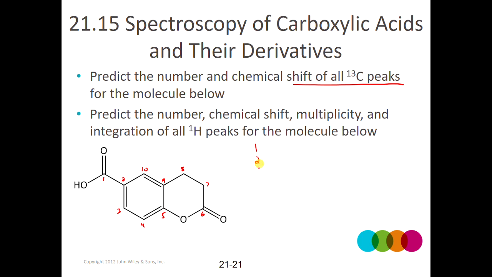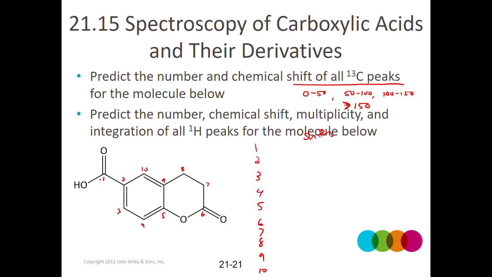So I'm going to have 10 signals here. Each signal needs a shift. I want to predict the shift, and that's usually between 0 and 50, between 50 and 100, between 100 and 150, or greater than 150. So you don't have to be too specific with the shifts in the carbon-13 NMR.